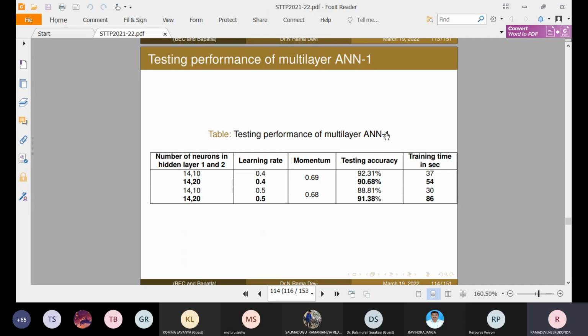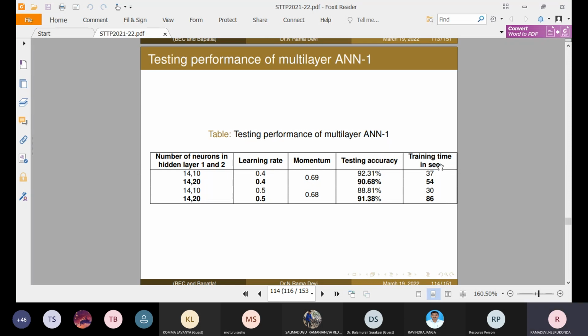So here the ANN is designed as a multi-layer: layer 1 has 11 neurons and layer 2 has 20 neurons. With a learning rate of 0.4 and momentum value of 0.69, it gives a testing accuracy of 90.68 with a training time of 54 seconds. Another is 1420 with a learning rate of 0.5, momentum value of 0.68, and a testing accuracy of 91.38 with a training time of 86 seconds.